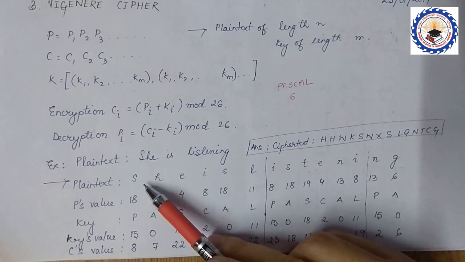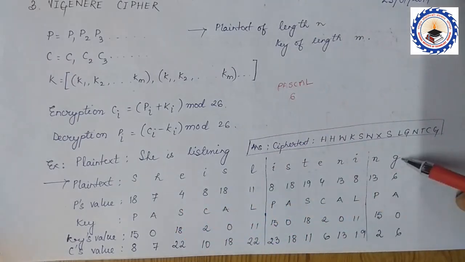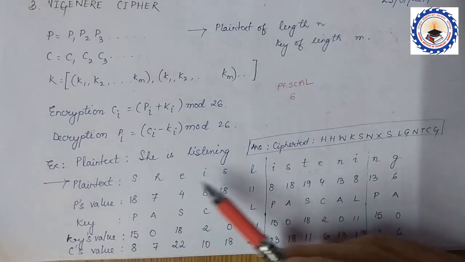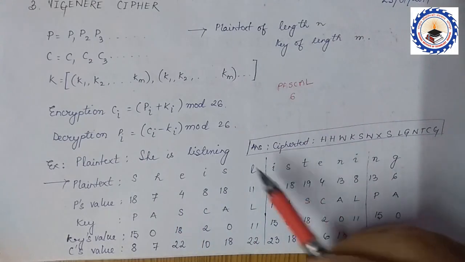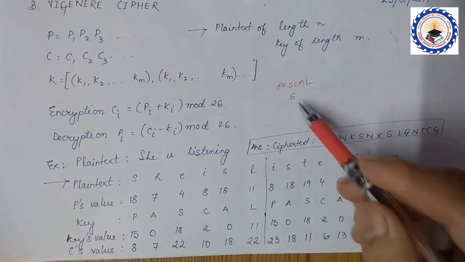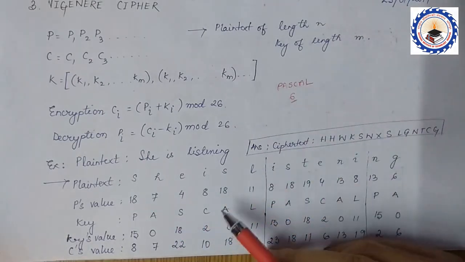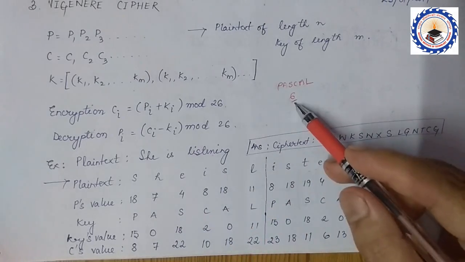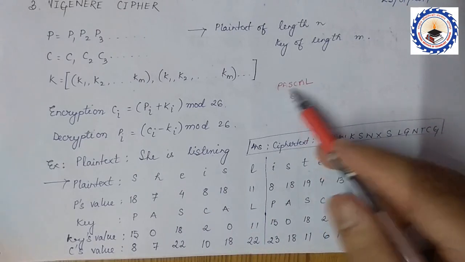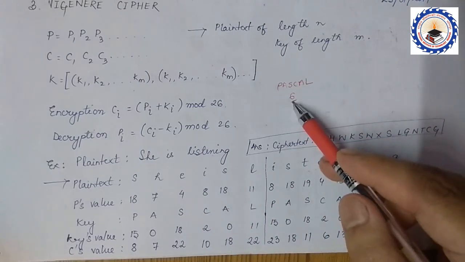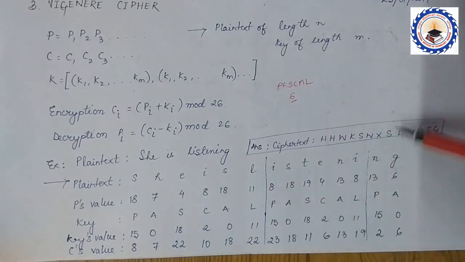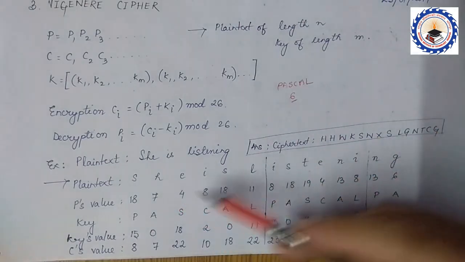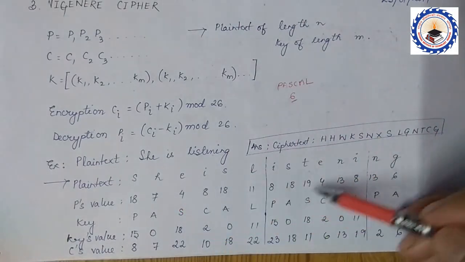After writing the given plain text as it is, you have to group it into blocks of how many letters? 6 letters. What is the reference point? The reference point is taken from the given keyword. Here the keyword is Pascal and its length is 6, so you have to divide the given plain text into groups having 6 letters.